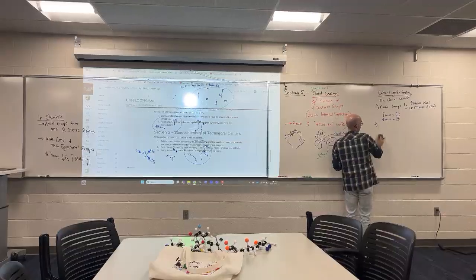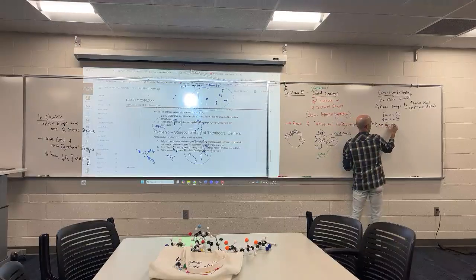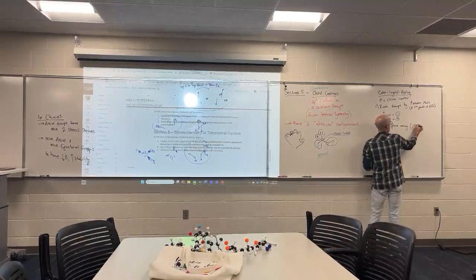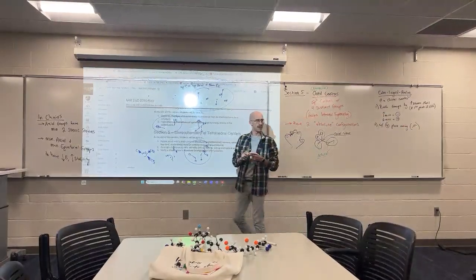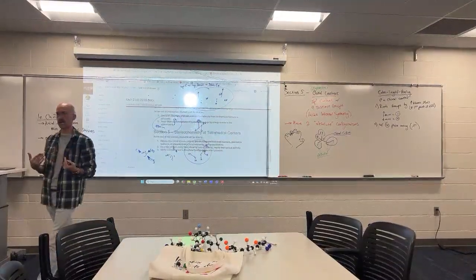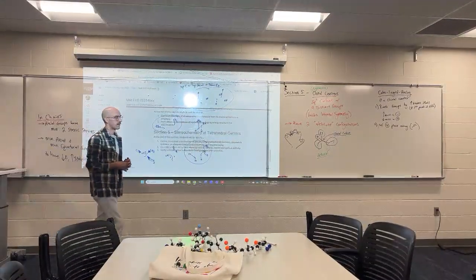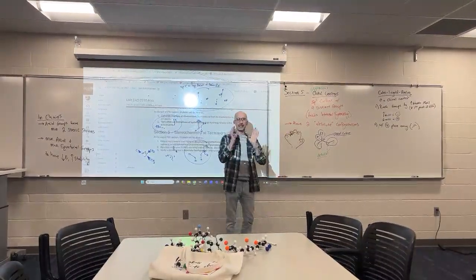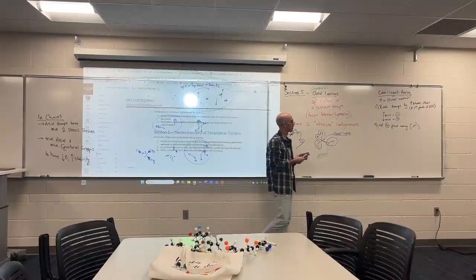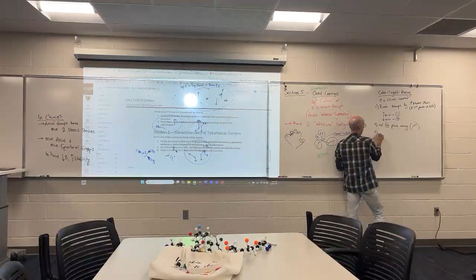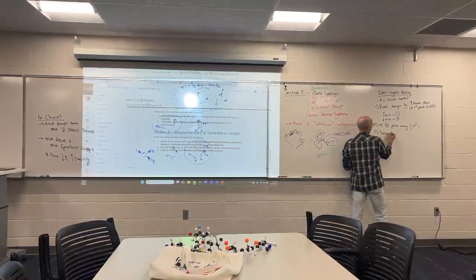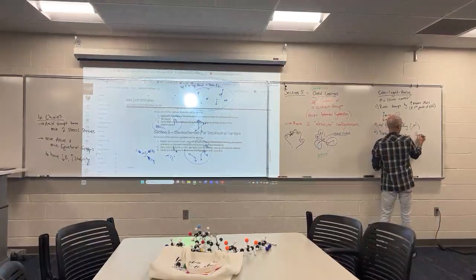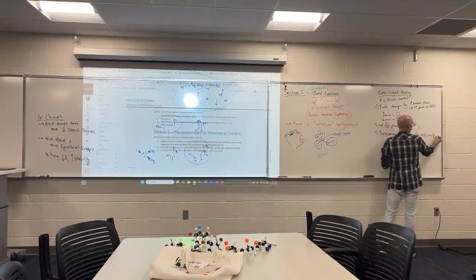The second rule is with priority 4 placed away, meaning dashed. It's pointed away from you. It's not in plane, it's not coming towards you. That's like what we're saying here. With my palm facing away, orient your chiral carbon in space. 3, determine rotation from 1 to 2 to 3.